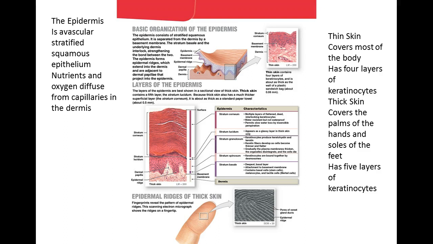You have 4 strata, and those strata can have multiple layers or not. And you can put more layers down in those strata as needed. So thin skin over the eye, thinner skin on the inside of your arm, and thick skin on the palms of the hands and soles of the feet.